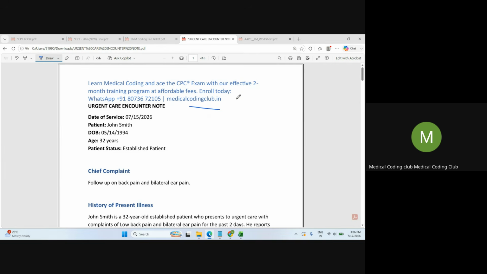So yes, let's begin. As you can see, it's an urgent care visit. As I already said, urgent care is also part of the outpatient setting. What is the difference between a normal office visit versus an urgent care facility? Urgent care is actually a type of outpatient, as I mentioned. The difference is that urgent care focuses on immediate and unscheduled treatments.